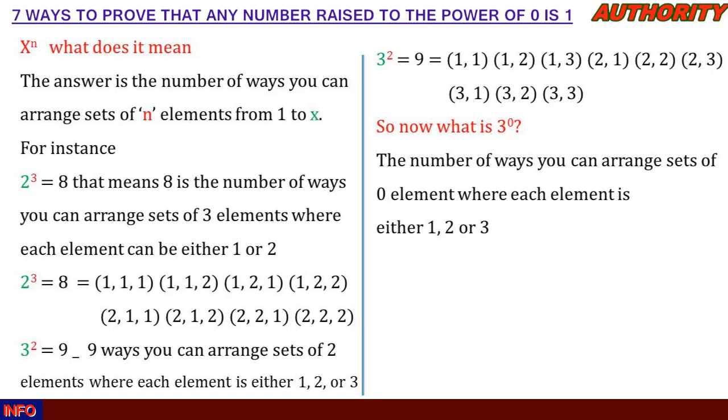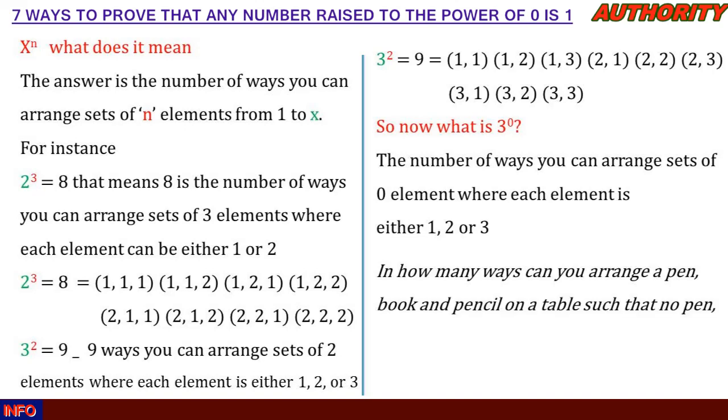Now, I want to ask you a simple question: in how many ways can you arrange a pen, a book, and a pencil on a table such that no pen, no book, or pencil is on the table? That's exactly what 3 raised to power 0 is all about. We're going to form sets which have 0 elements, and those 0 elements contain 1, 2, or 3.